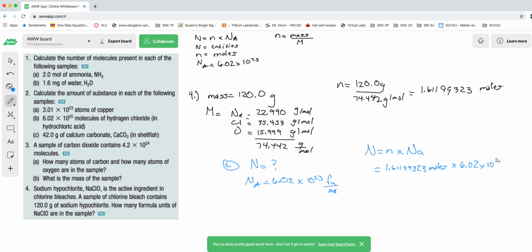Because remember, 6.02 times 10 to the 23 formula units per mole will give us the final answer of 9.70, and I rounded already, times 10 to the 23 formula units. So you had to go through a few steps to get to that final answer.